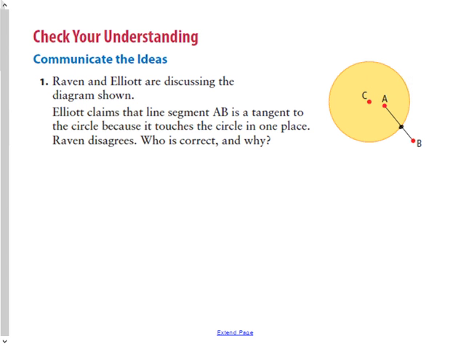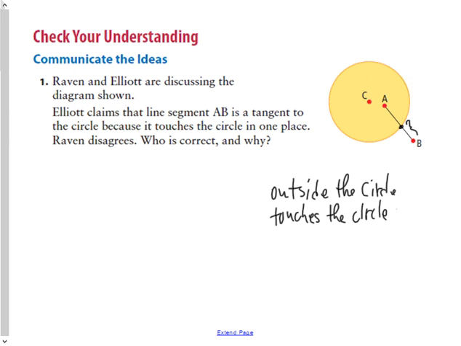Well, in order for a line to be tangent to a circle, it has to have two properties. It has to be outside the circle, which I guess technically this part of the line segment is outside the circle, but the whole line has to be outside the circle and has to touch the circle at one point, which this does.